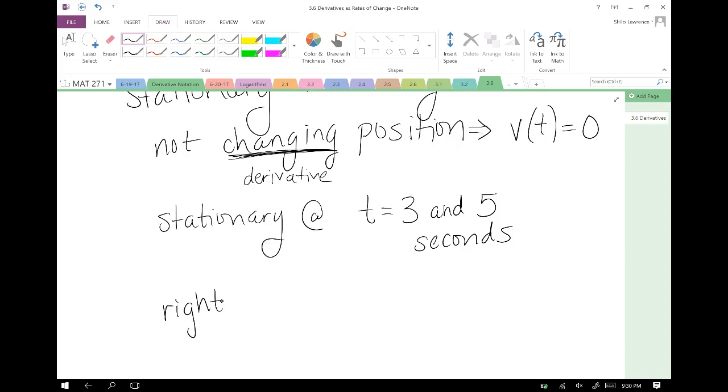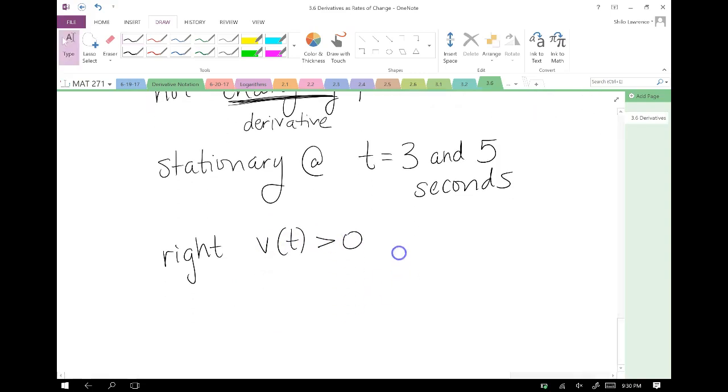It's gaining distance. That means its change in position is positive. That means v of t is greater than 0. It's moving to the left when it's backtracking, and it's moving back towards its starting spot. And we're losing position. And that is when our velocity is negative.